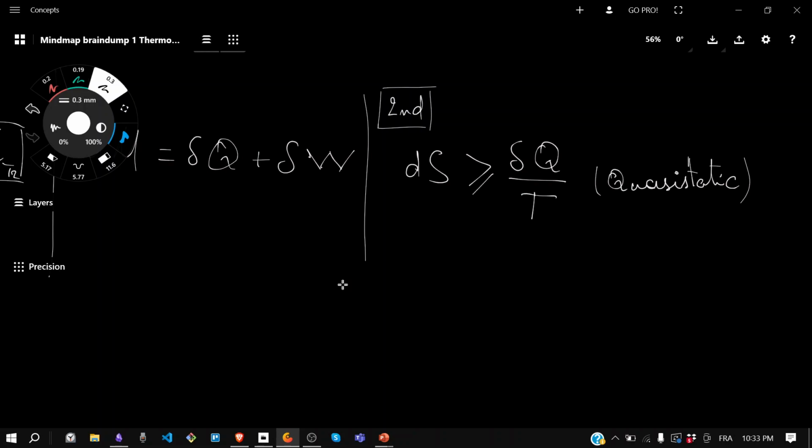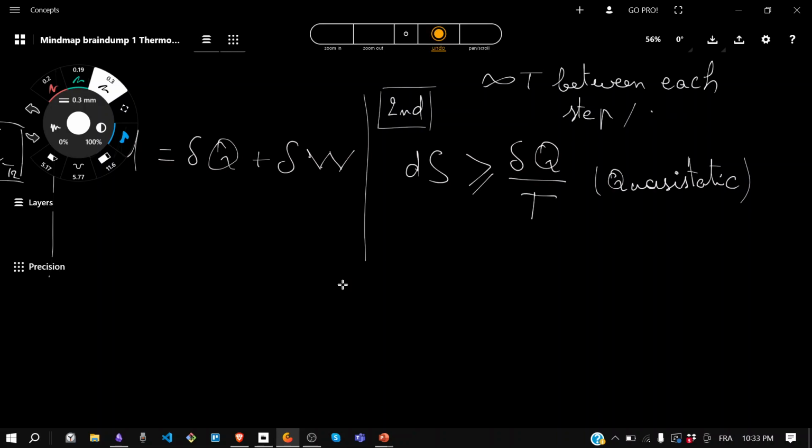Quasi-static process means you have infinite time between each step, going from a very small e that tends to 0, almost equals 0.